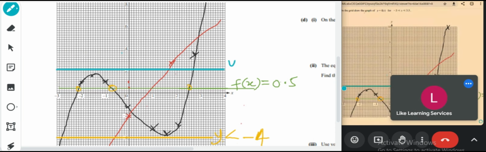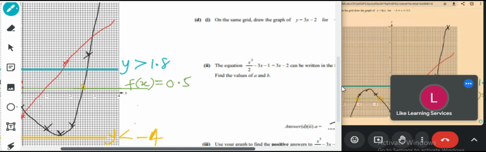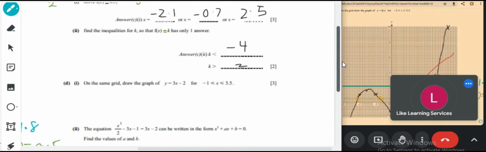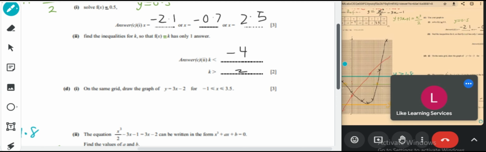So maybe this is a graph of y greater than maybe 1.8. All right, that's fine. We can take that. So the values you chose, less than minus 4, greater than 2, it's okay. It's fine, we can use that for the purpose of this work.